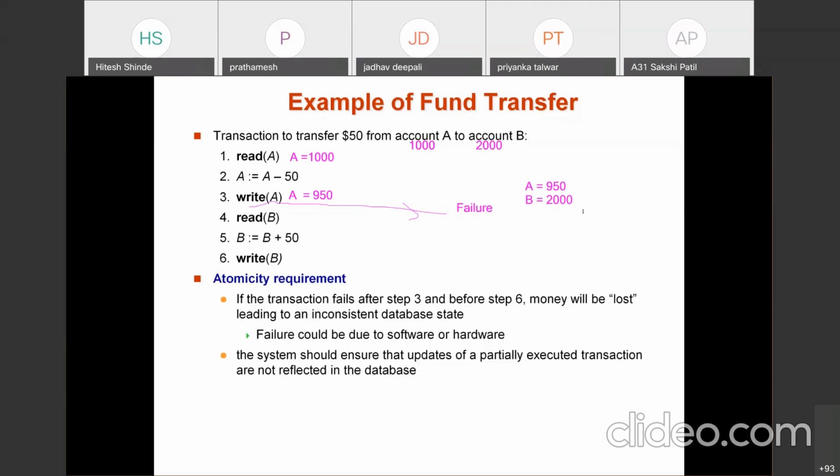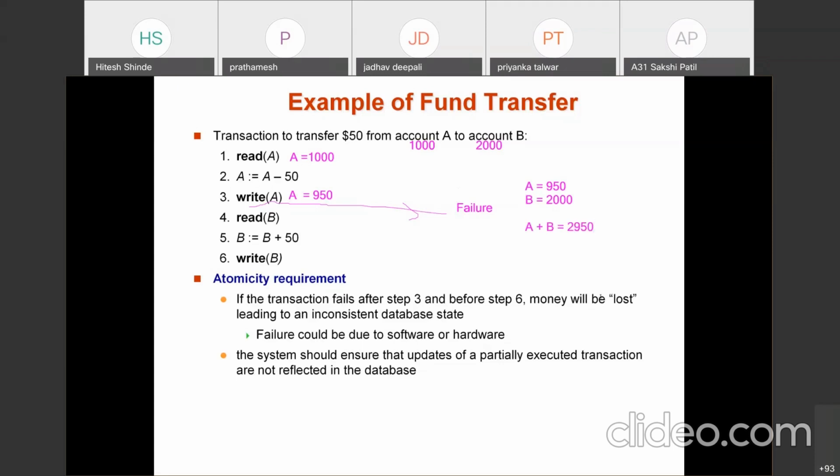Why? Because here the transaction fails. And that's why A is updated, the write operation is performed, but B is not updated. And that's why in that case A plus B is 2,950.